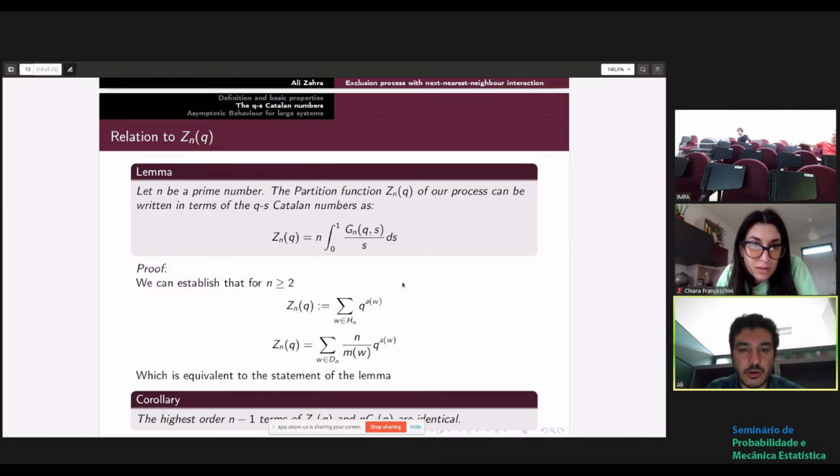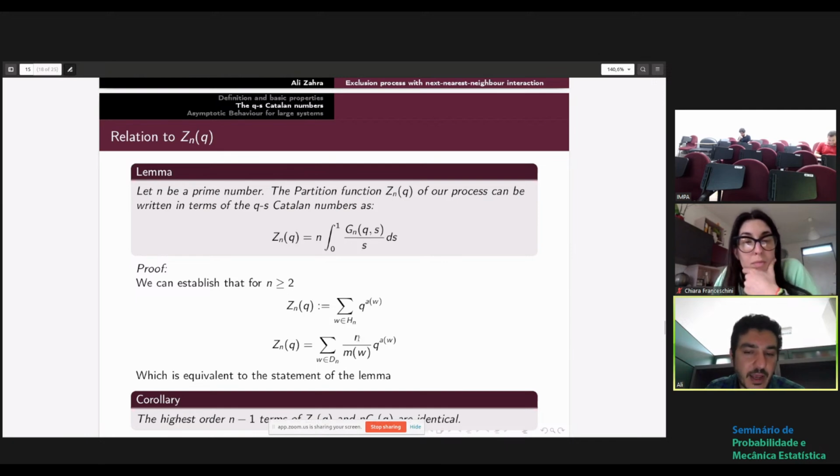Okay, so how can you prove that? Well, first what you have to show is that Z n q actually has this expression. This is very similar to what I said a few slides earlier, which is that there is a multiplicity related to the number of minimums per dig path.